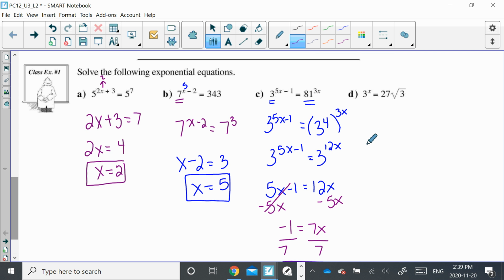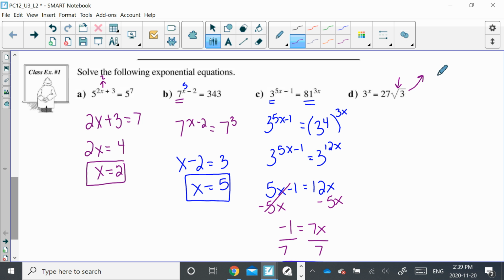Okay, let's do this one. 3 to the power of x, so my base, they're telling me from here I'm getting a base 3, is equal to 27 times the square root of x. So the first thing I want to do is rewrite this as a rational exponent.